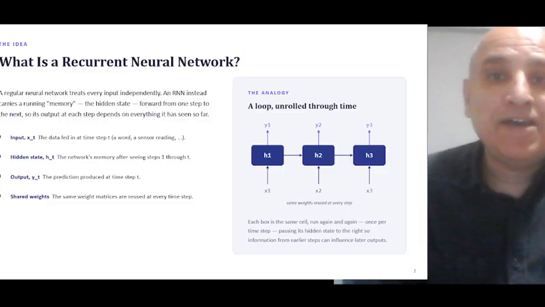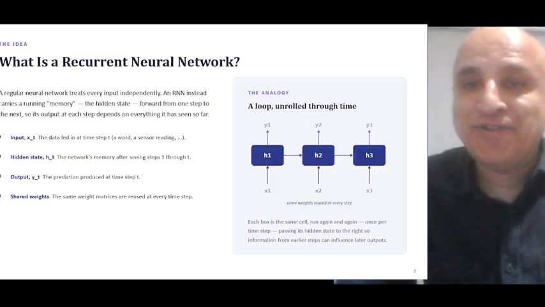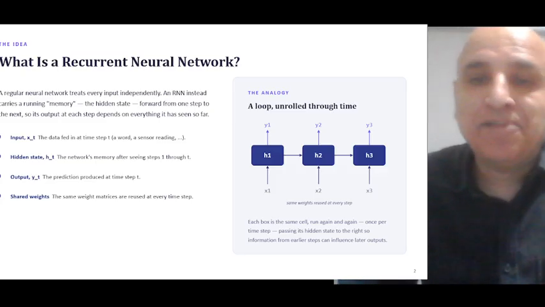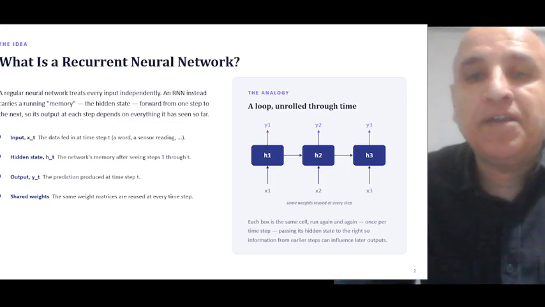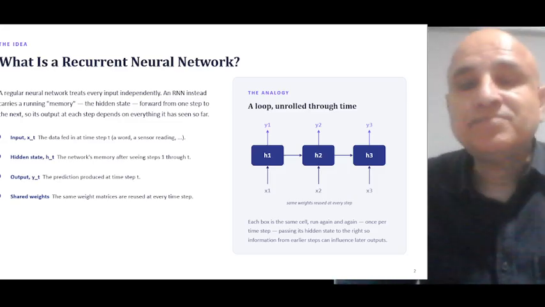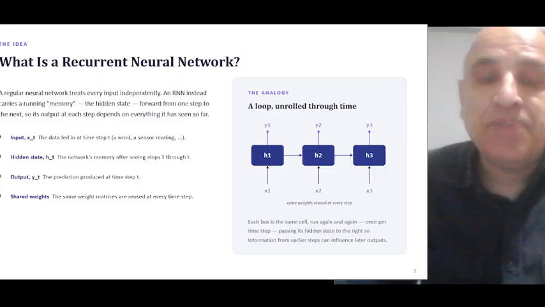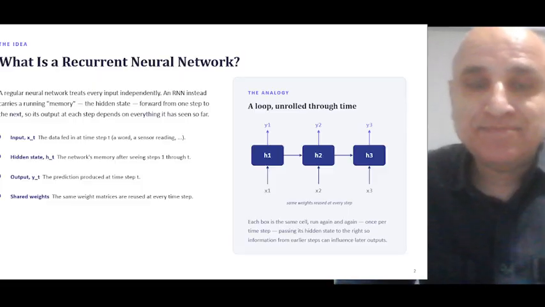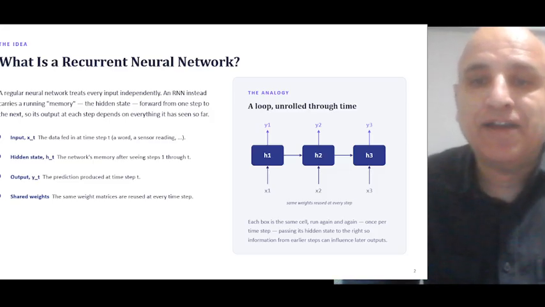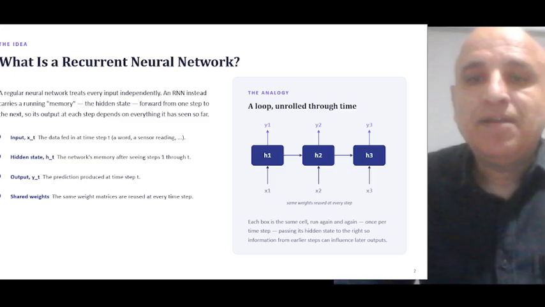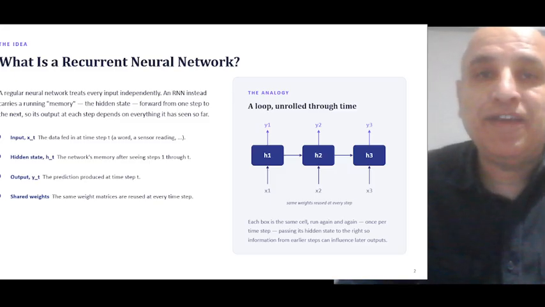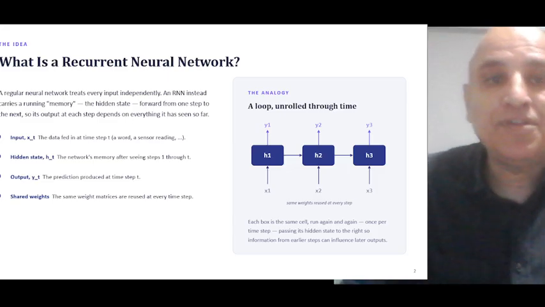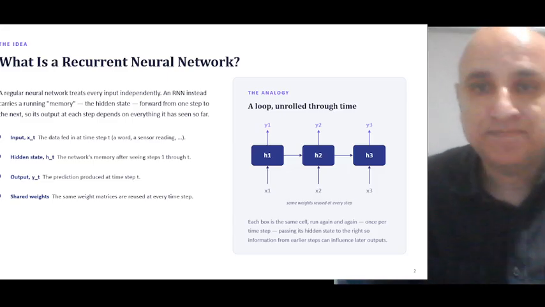So what it does, look at the diagram on the right side. For example, if we want to find H1, it will take the previous hidden state from the memory and using the data X1, it will define H1, the hidden state first.